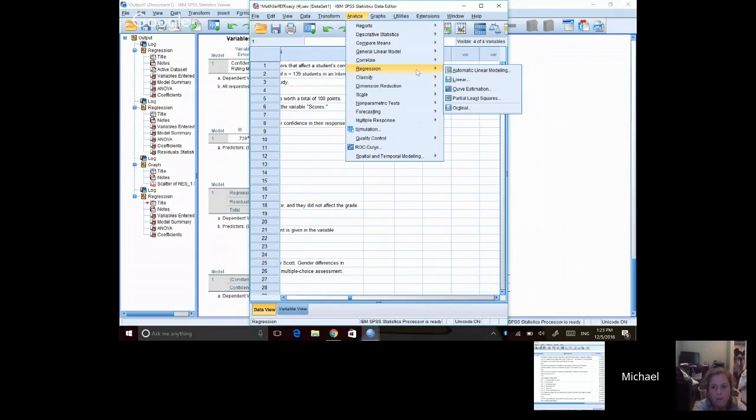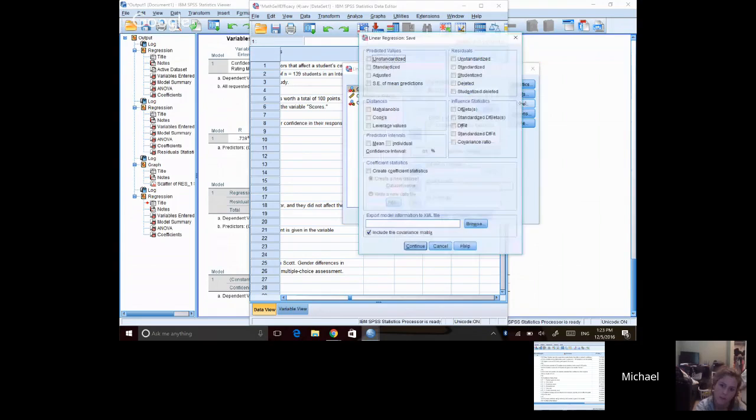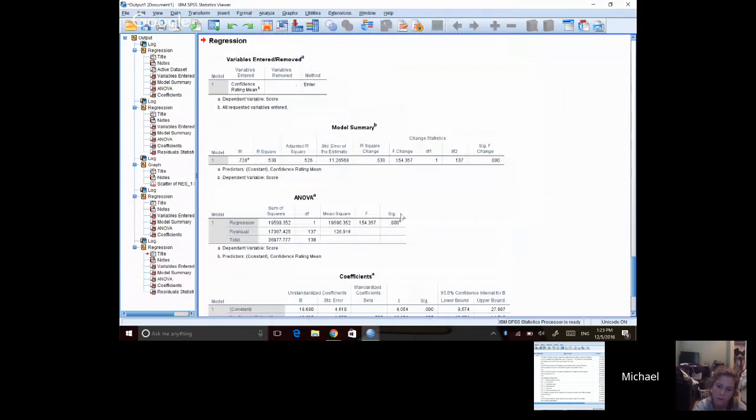But you see, a regression, linear, score is independent, confidence is independent. If I go to save, I click unstandardized, I hit continue, hit OK. I've got to pull up my data again.